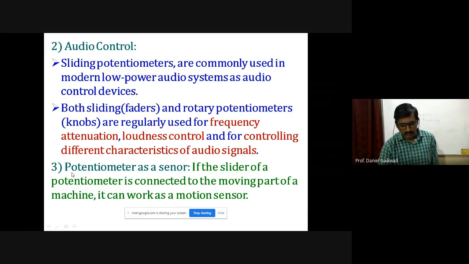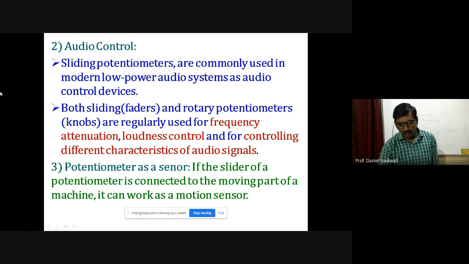Number third, potentiometer as a sensor. So one of the important applications will be as a sensor, and here we consider one of the sensors. If the slider of the potentiometer is connected to a moving part of a machine, it can work as a motion sensor.